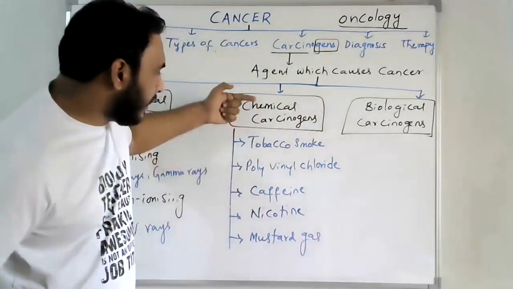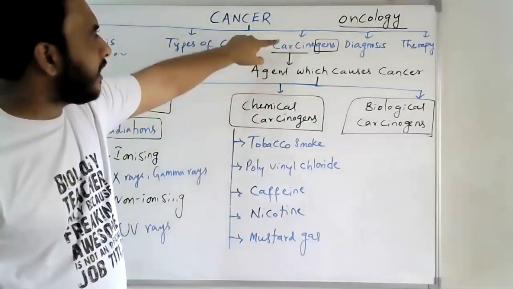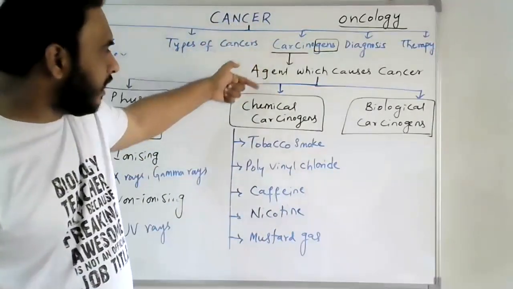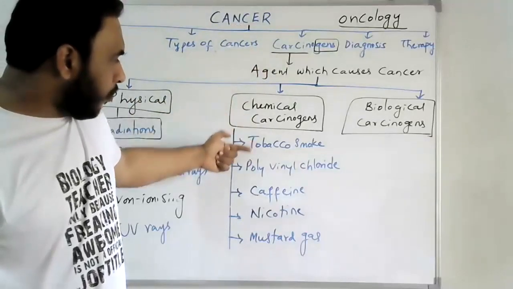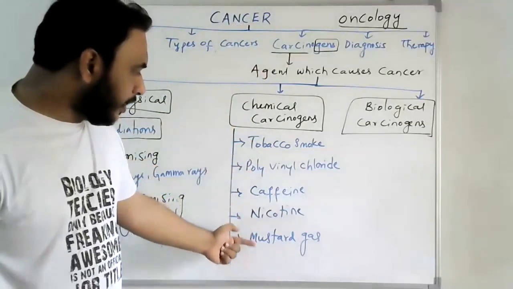So these all are chemical carcinogens that cause cancer: tobacco smoke, polyvinyl chloride, caffeine, nicotine, mustard gas.